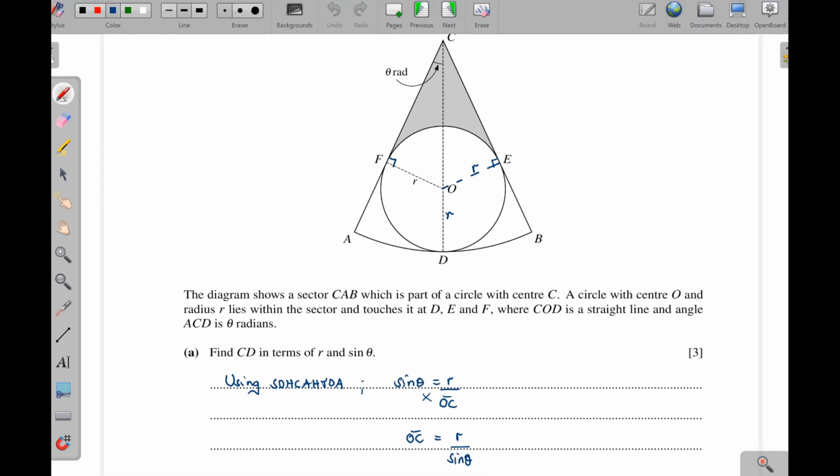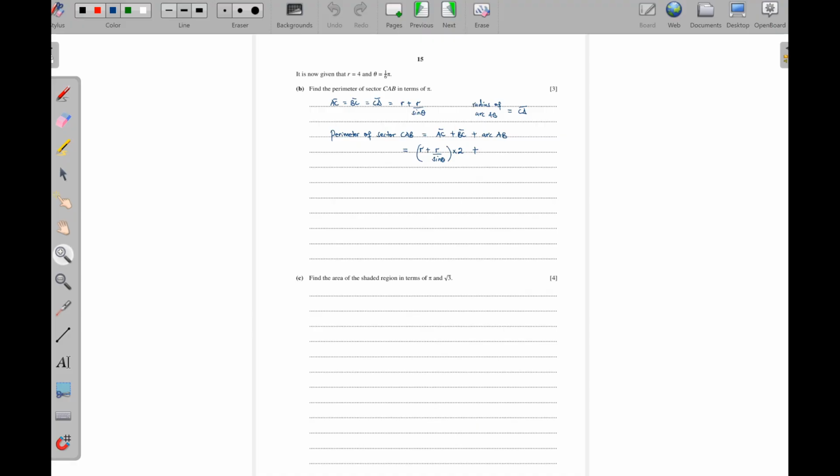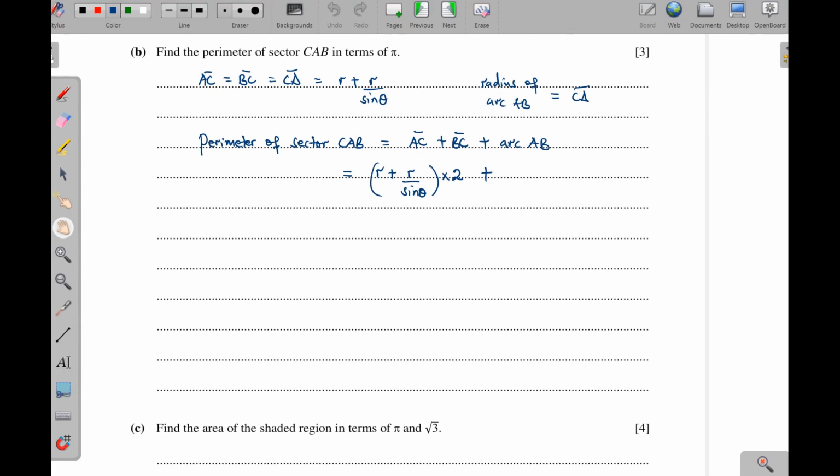When you check here, the radius of this arc is equal to CD, which we got. And that CD is actually R plus R over sine theta, then times 2 theta. I told you the angle is 2 theta.